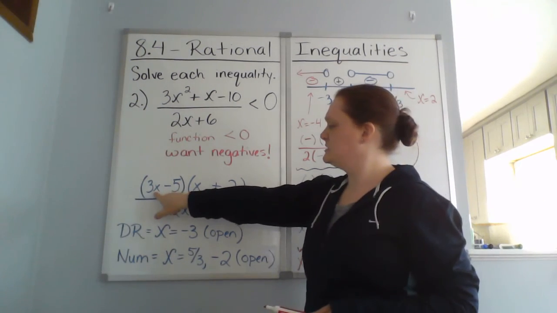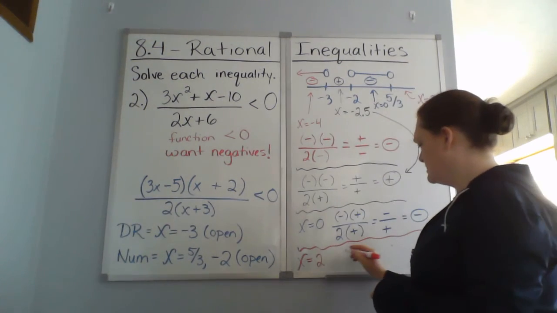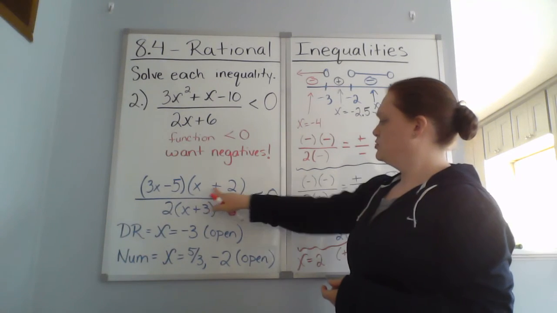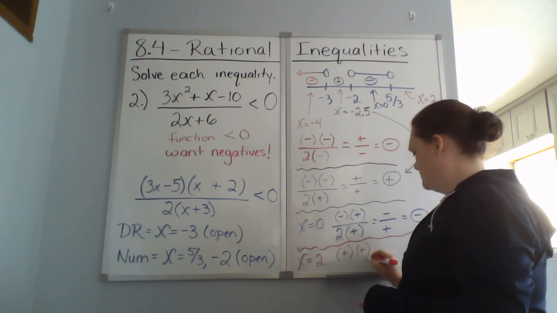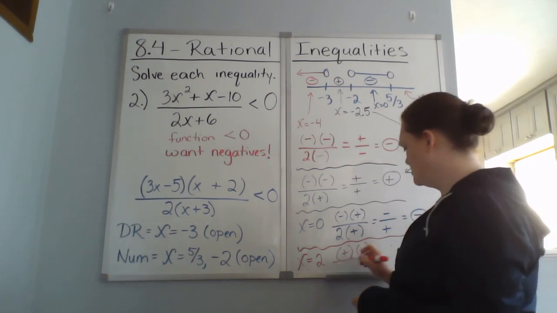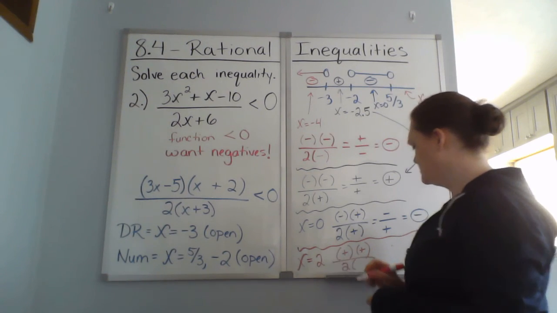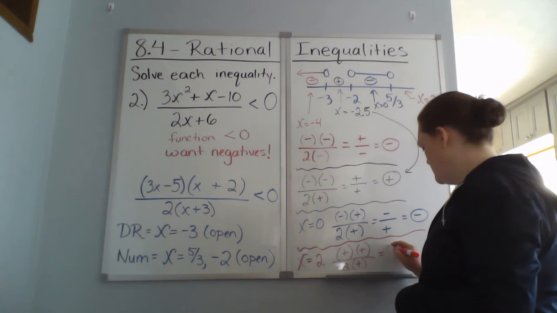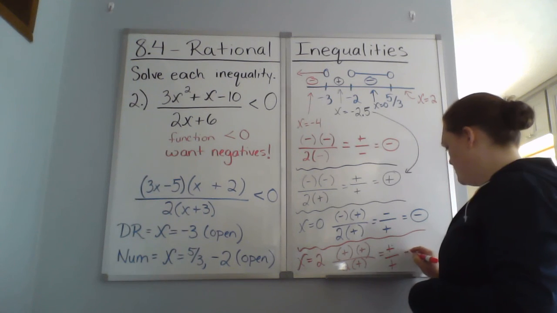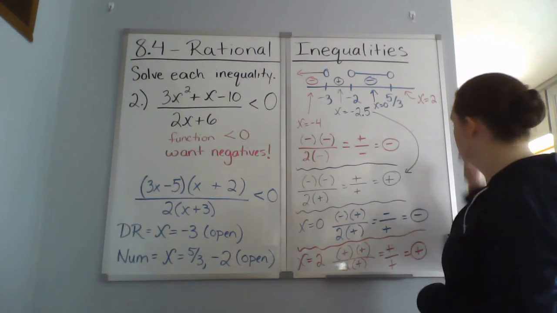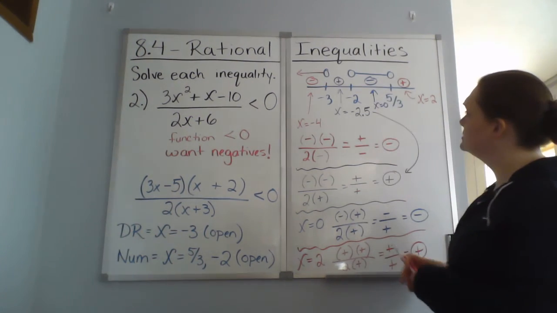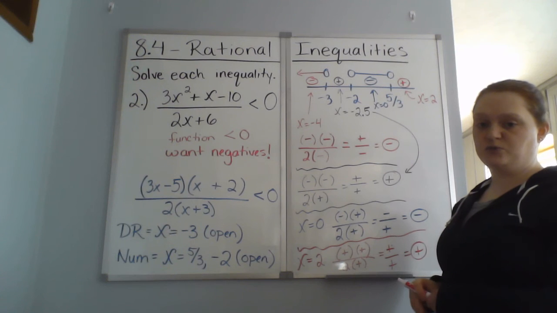So 2 times 3 is 6. 6 minus 5 is a positive. 2 plus 2 is a positive. And then 2 times 2 plus 3 is a positive. These are all positives. When you do a positive divided by a positive, you get a positive overall. So these are positives over here, which we do not want. So we have 2 intervals again for this particular one.